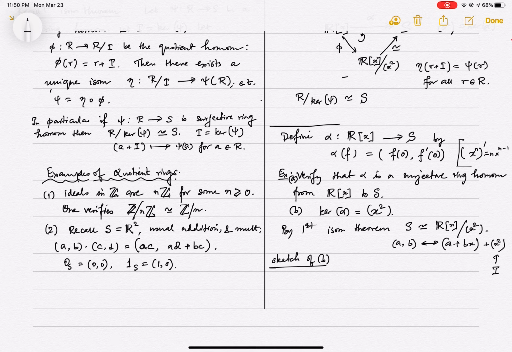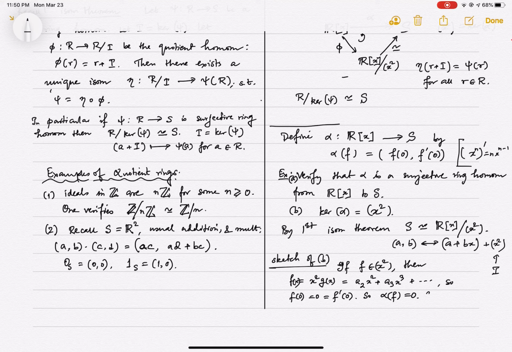Well, if you have a polynomial that's a multiple of x squared, if f is in (x squared), then f is x squared times some other polynomial. So f of 0 is 0, and its derivative at 0 is also 0. So alpha of f is 0.